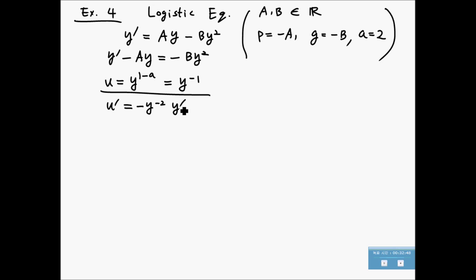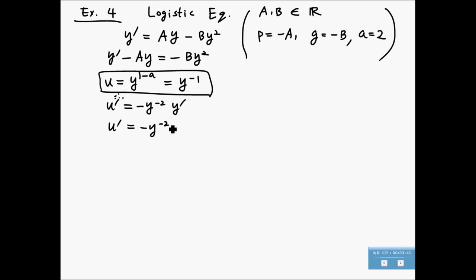Just try to memorize this transform, but that's all there is. You just don't need to memorize anything at all. So your objective is to eliminate y out of the equation. We don't want y in our equation.